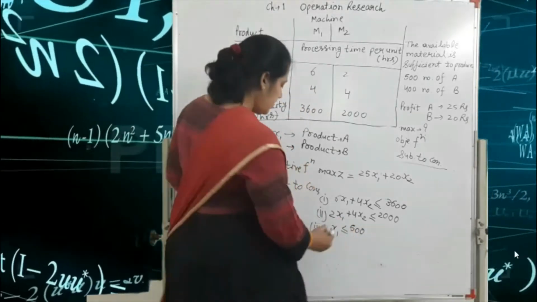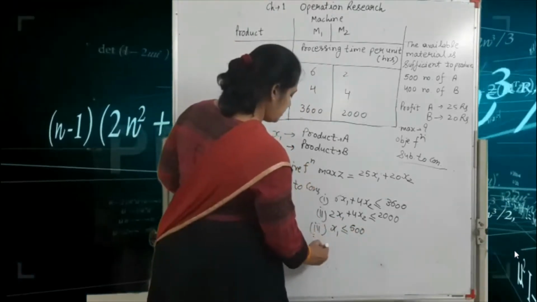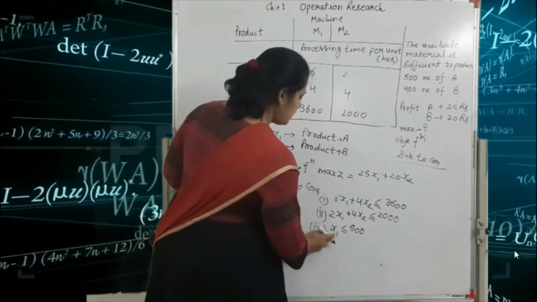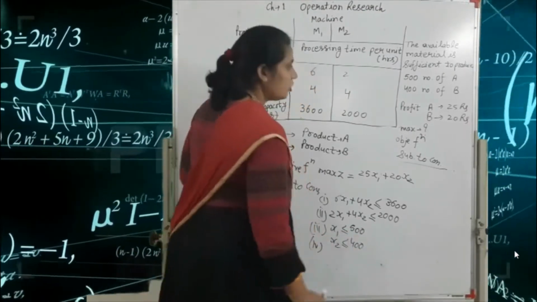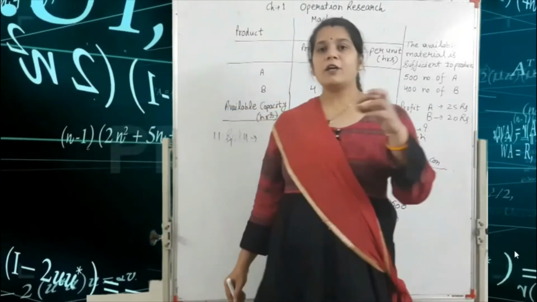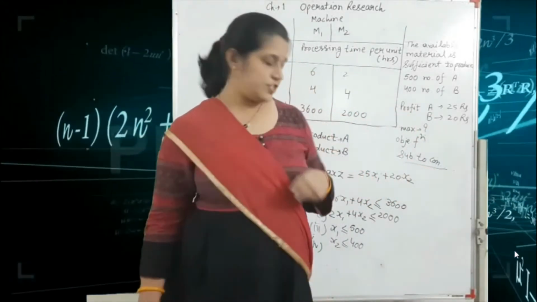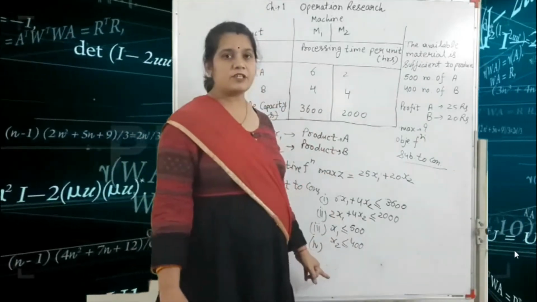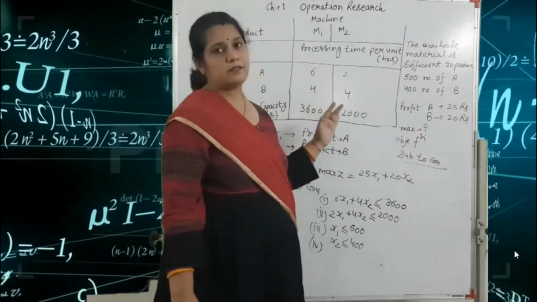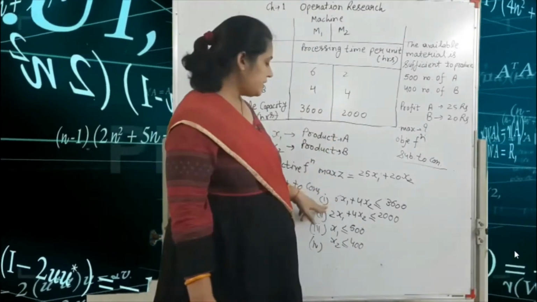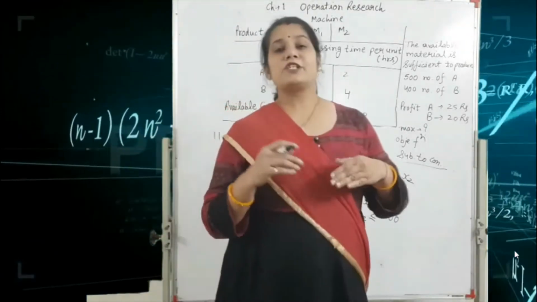Got it? And the fourth constraint equation is x2 less than or equal to 400. So we have four constraint equations. Don't be confused; always use every number given in your question.